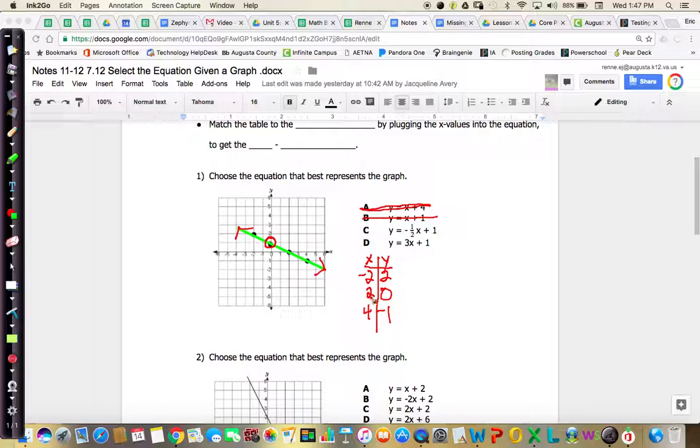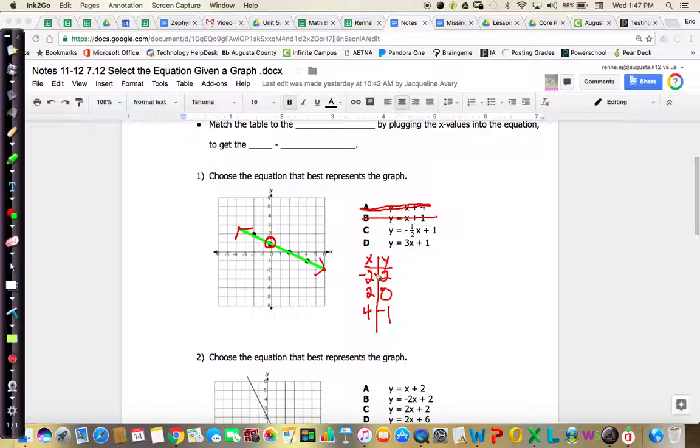And then do the same for the others: 1 divided by 2 negative times 2 plus 1. And then 1 divided by 2 negative times 4 plus 1. Okay? But we're going to actually do it in our head here together.